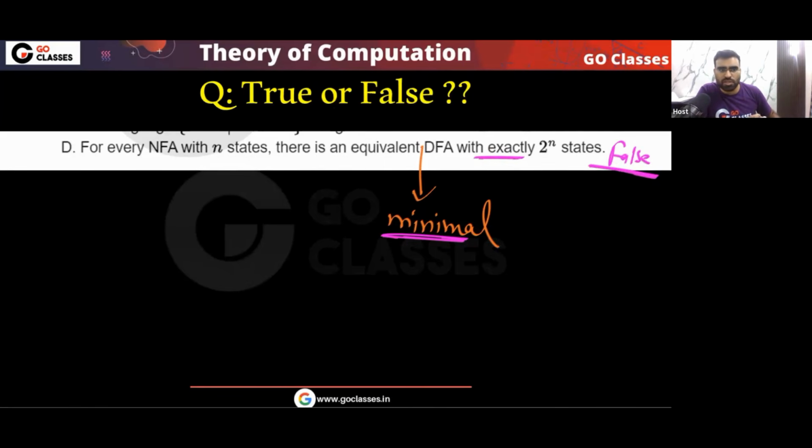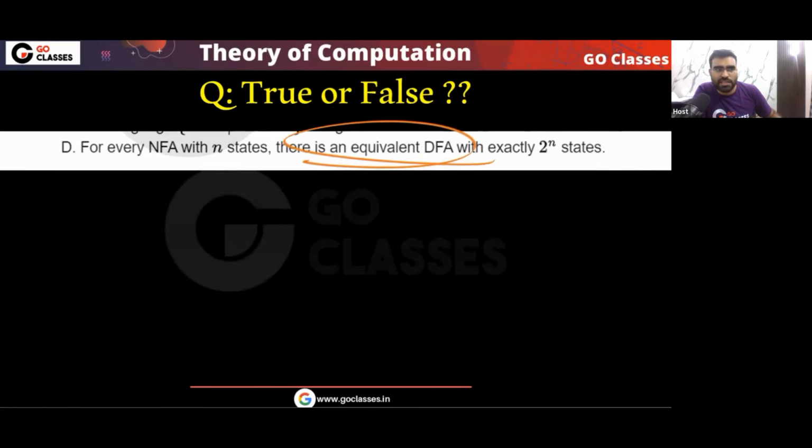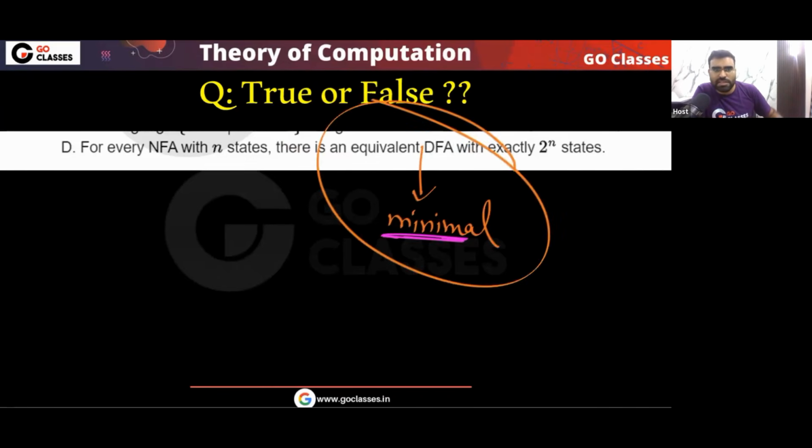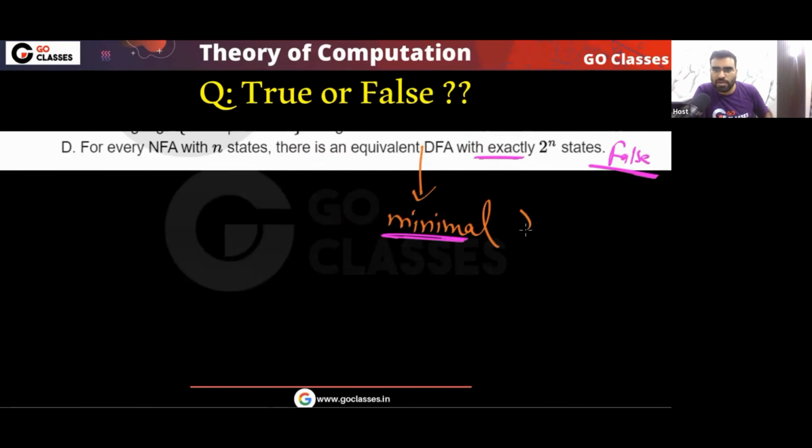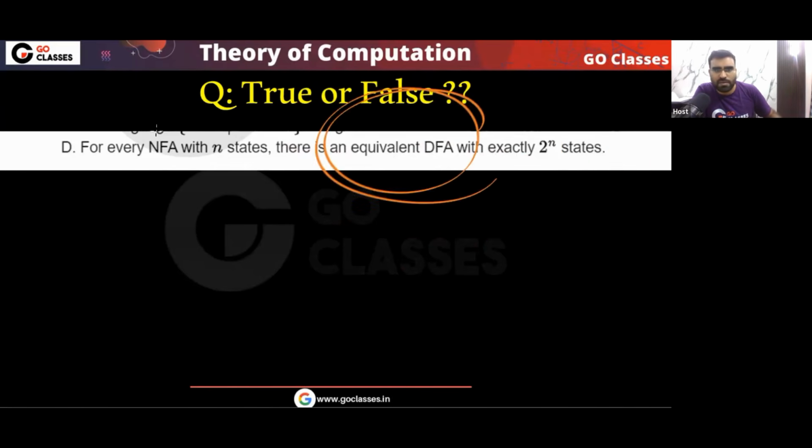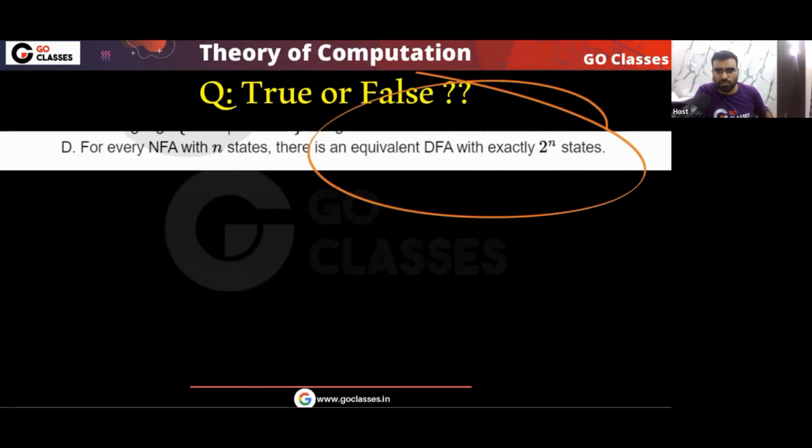I hope you understood the difference between the two questions. Here it is an equivalent DFA with exactly 2 power n states, and here a minimal DFA with 2 power n states. So remember, for minimal, this statement will be false. But if the question is asking for any DFA, then this statement is actually true.